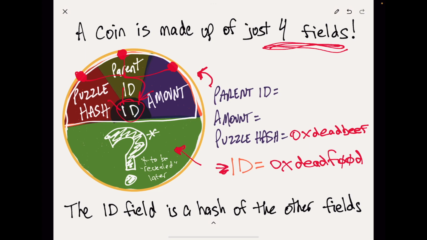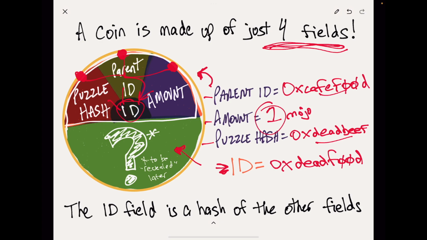So we can also say that the parent ID is a hash. So that really only leaves amount. Let's make it 1 mojo in this case. So you can see that a coin is really just made up of these three fields, 2 of which are simple hashes, and 1 of which is a simple integer field that's just 1 mojo or however many mojos this coin represents.